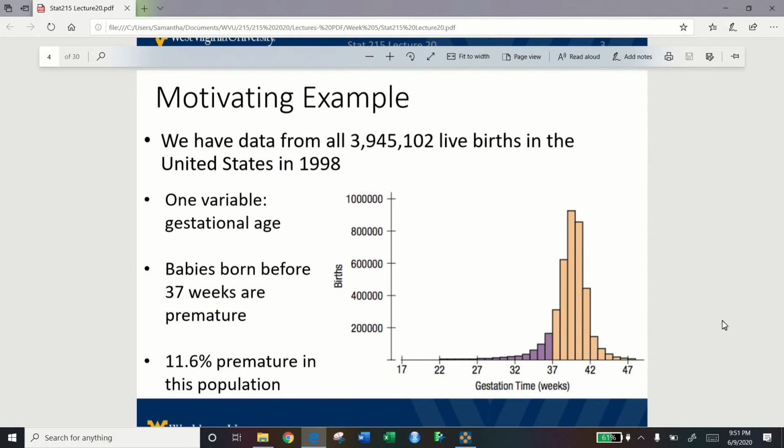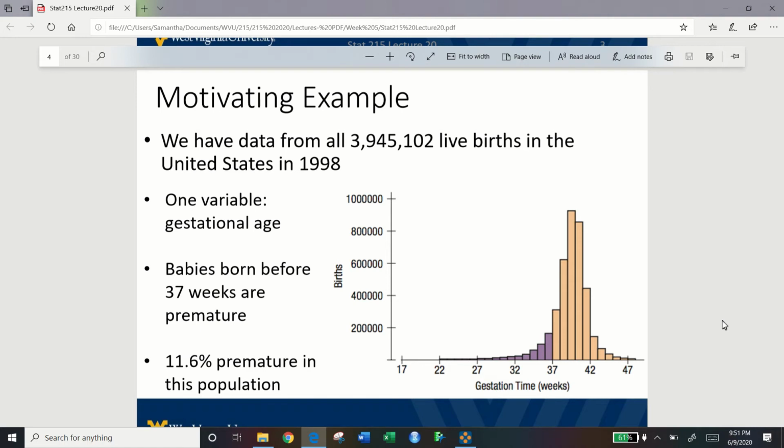To start our first objective, let's look at a motivating example. Suppose we have data from all 3,945,102 live births in the United States in 1998. We can see a display of this in the graphic below. One of our variables along the x-axis is the gestational age.